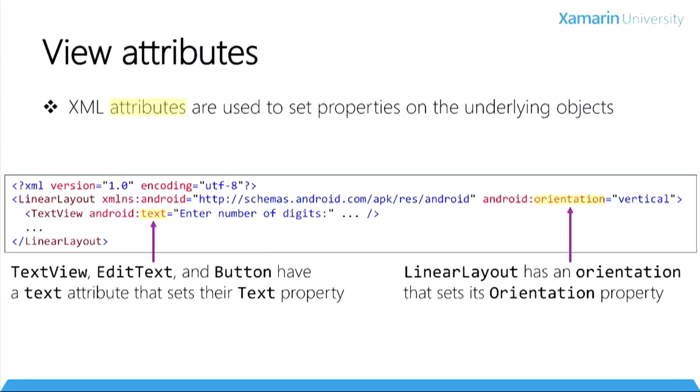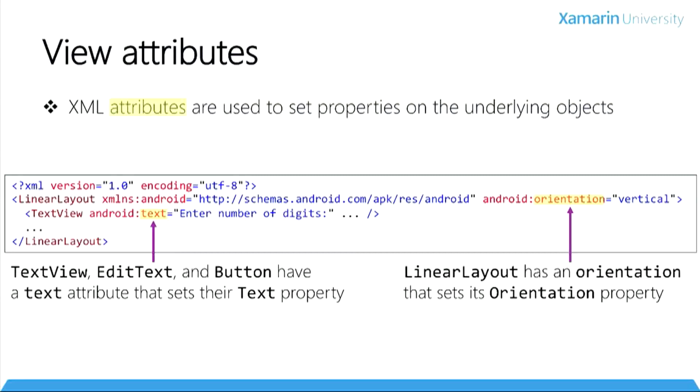A lot of the views, like text view, which is the static text, edit text, which is input text box, and button, they all have a property or an attribute named text. And when you're setting these in XML, if you start thinking about code behind that's underlying this, what this is really doing is setting a property in the code behind.